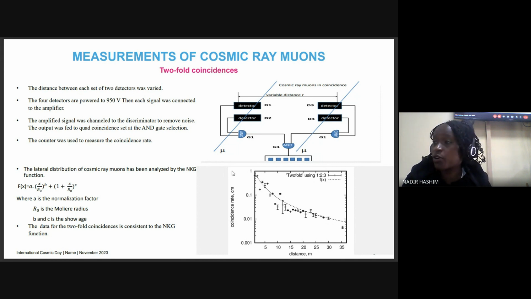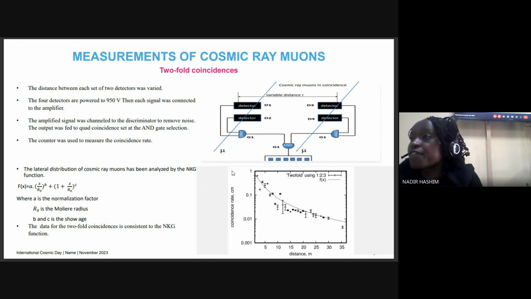But when you use coincidences, you get rid of the false coincidences, which might arise from the gamma from the ground or from the wall, or the potassium 40 that may arise from the wall or from the ground.